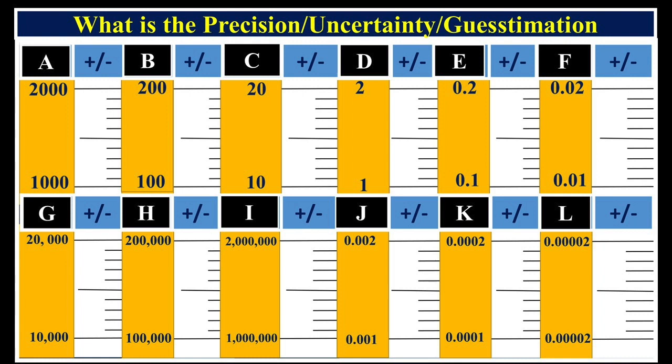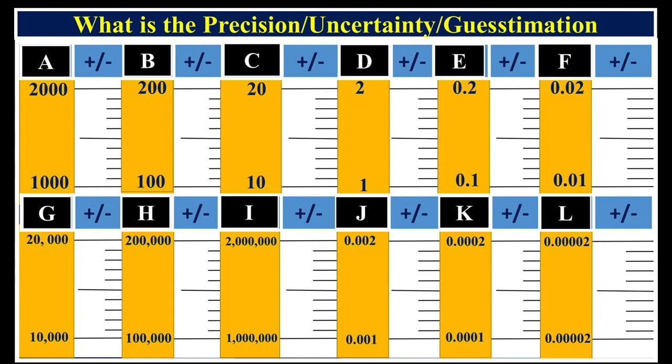The first slide that we're going to be looking at relative to identifying the precision, or uncertainty, or guesstimation, is going to be here. A would be 1,000 to 2,000, B is 100 to 200, C is 10 to 20, 1 to 2, 0.1 to 0.2, 0.01 to 0.02, etc. So let's practice by finding the precision of each scale as listed in this slide.